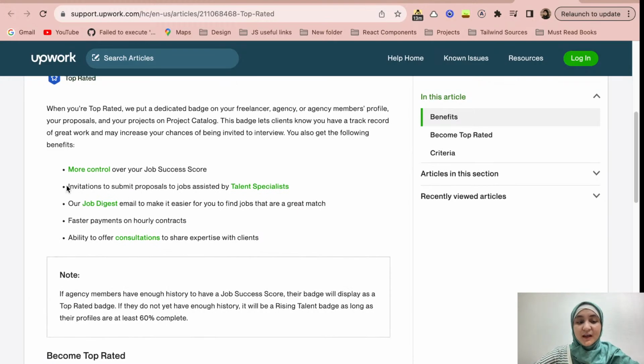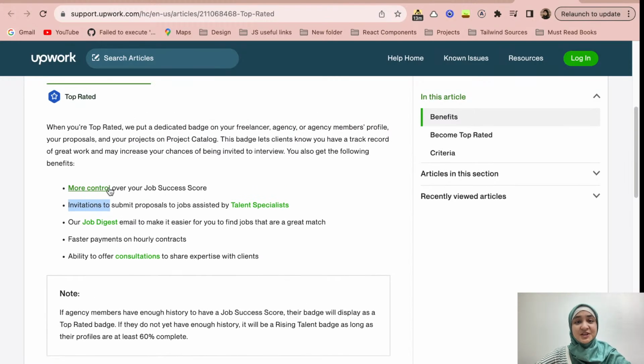Next one. You will also get some invitations from talent specialists. I actually get weekly emails, like the emails you sign up for on other websites. They send me weekly emails based on my skills. They say, Sabahat, here are the active jobs on Upwork right now matching your skills and so on.